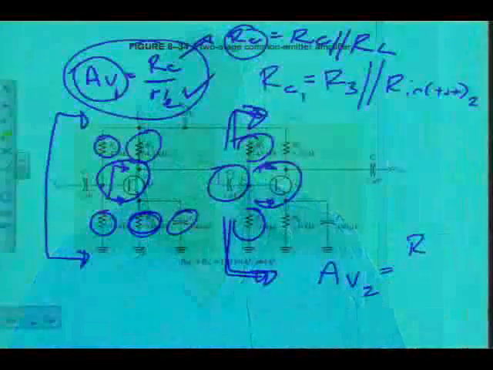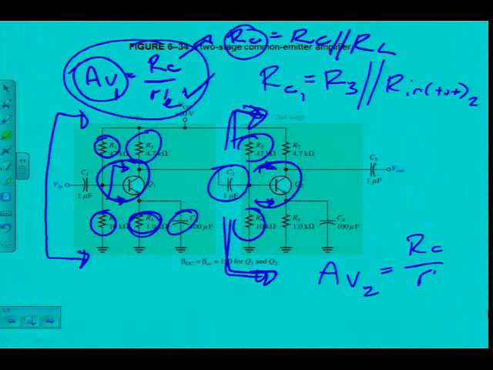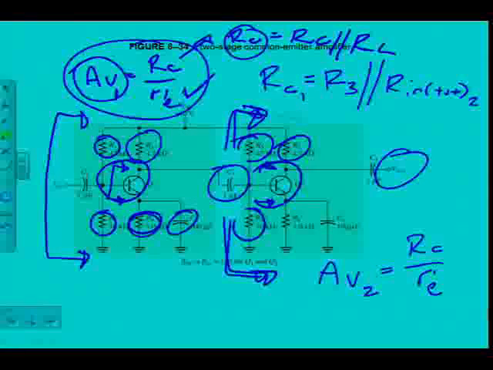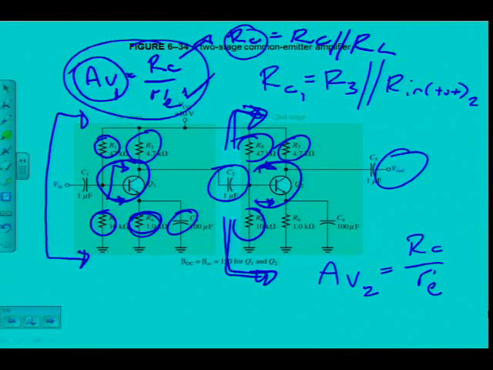Now I'm going to calculate the voltage gain of the second stage. Basic formula, RC divided by R accent E. RC in this case is equal to R7. Is R7 going to be true? Is there a load resistor? Is there a third stage? In other words, that remains true. You agree?